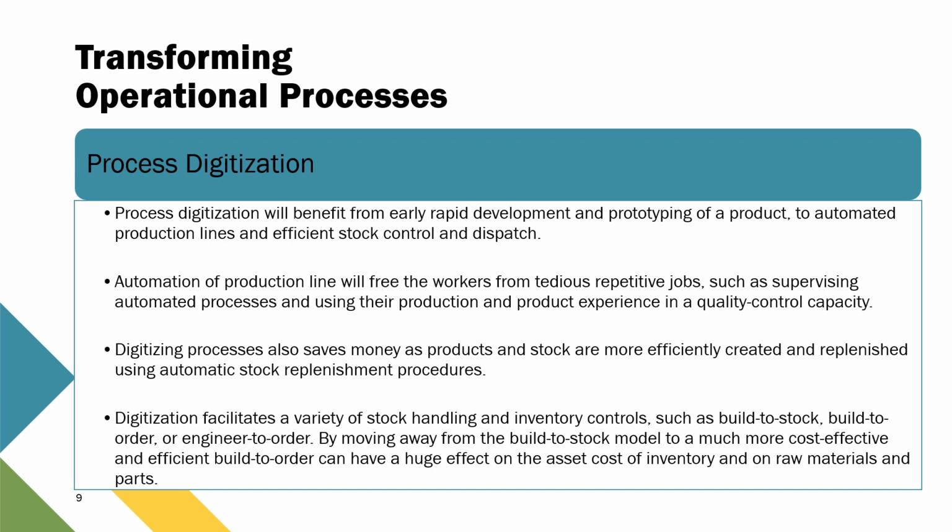By moving away from the build to stock model to a much more cost effective and efficient build to order, it can have a huge effect on the asset cost of inventory and or raw material and parts. So we will see there will be advantages in terms of how we handle our raw material, how we handle our assets, and how we handle the people in the factory.